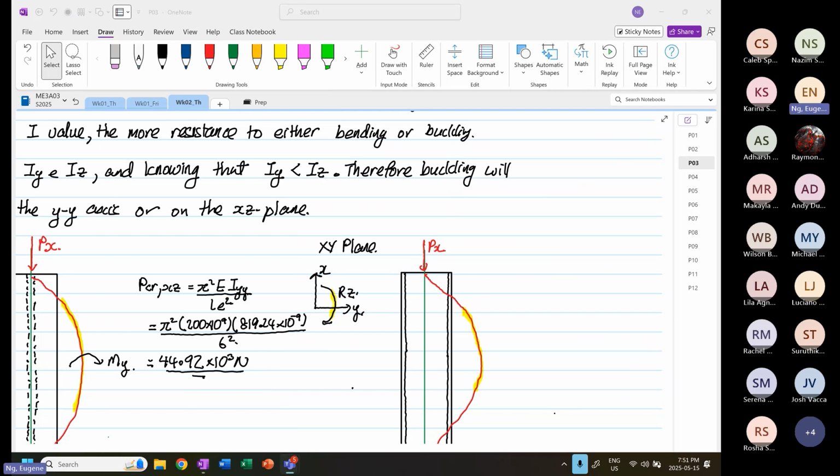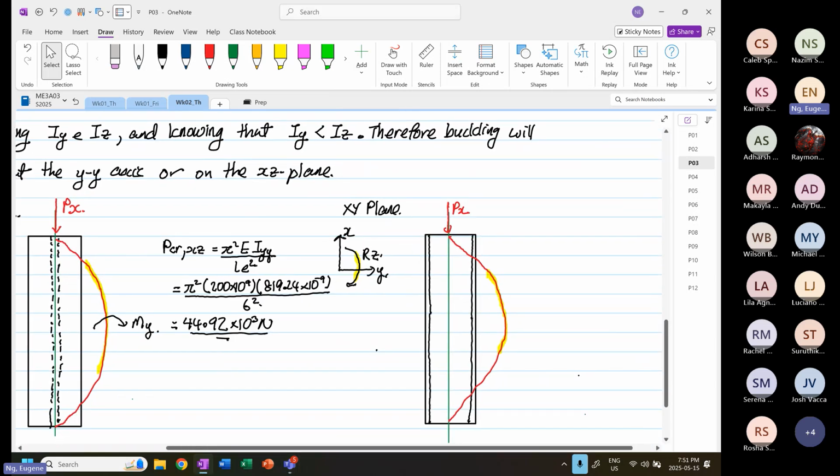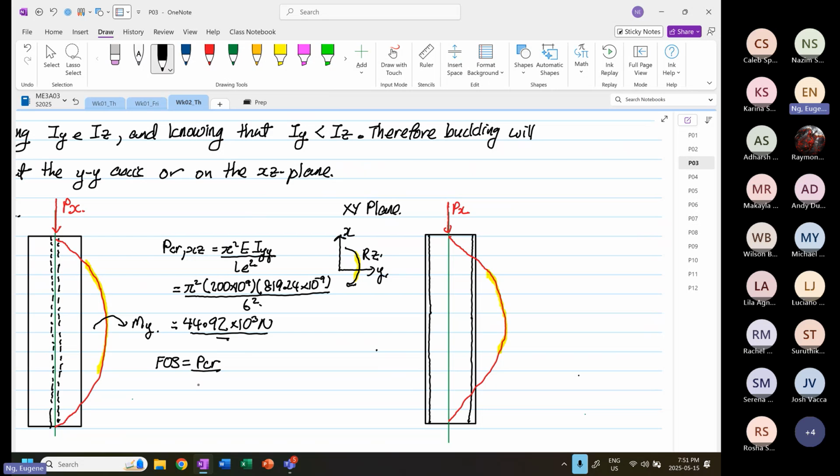Okay, so that is our critical load. From here we can immediately also calculate our factor of safety. The factor of safety is equal to PCR over P applied, so 44.92 times 10 to the power 3 divided by the applied load, which was given to us as 16 times 10 to the power 3.